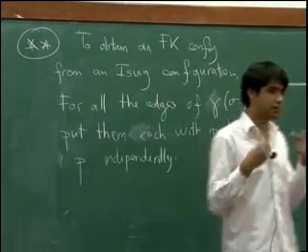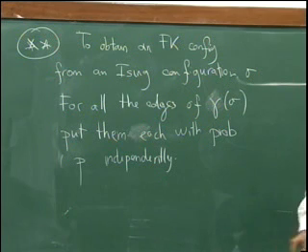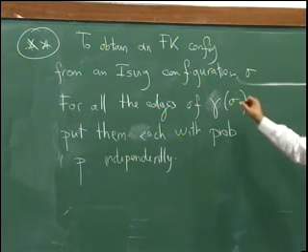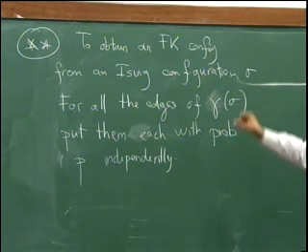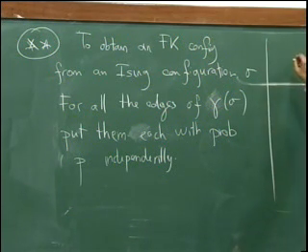So what you do is you perform a percolation of parameter p on all the edges that are in this gamma of sigma, and you get an FK configuration. Was it so? The proof is easy also.